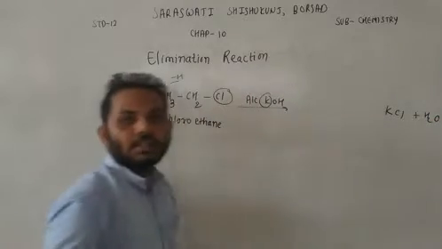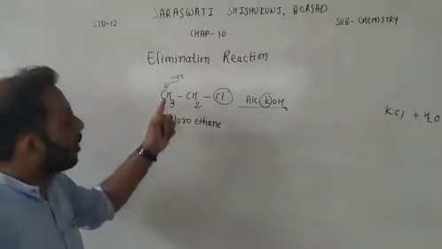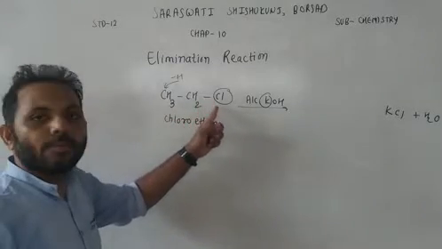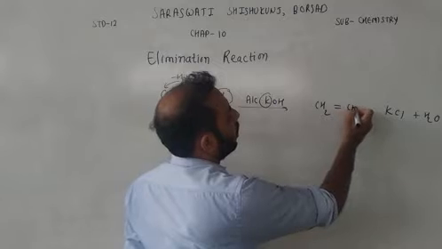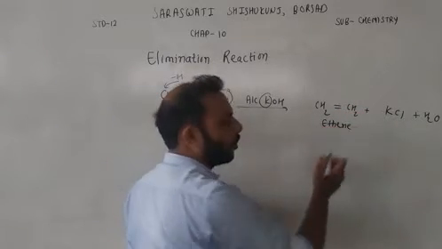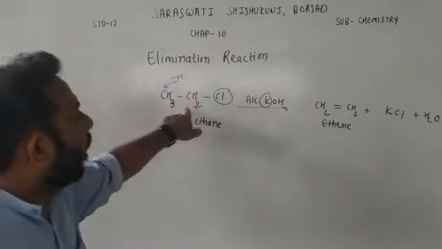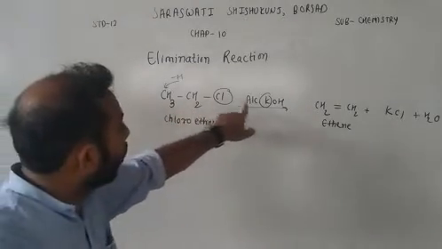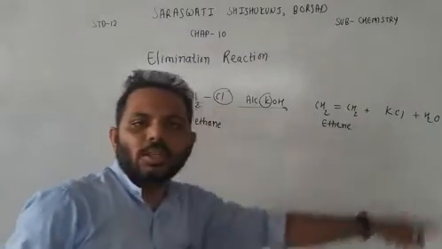So another product is H2O. Now what is left? Hydrogen has been removed from here, chlorine has been removed from here. So what is left? CH2 double bond CH2. So this is ethene. Which means that if haloalkane reacts with alcoholic KOH, we will get ethene plus salt plus water.